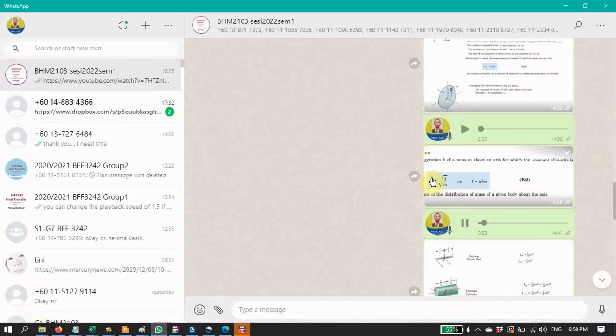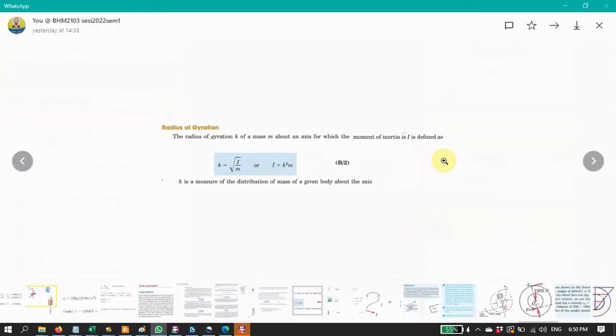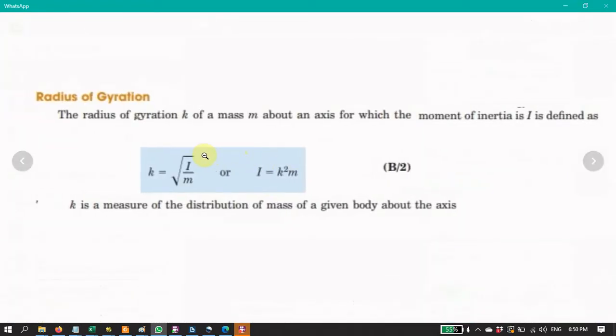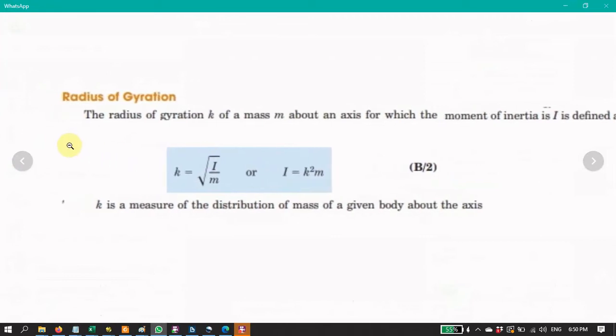Now, there are concepts associated with the moment of inertia, right? You can find this concept in various exercises. This concept is called radius of gyration, right?